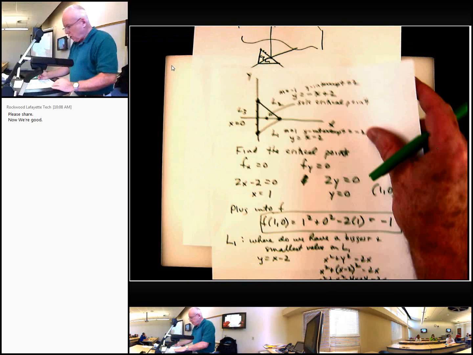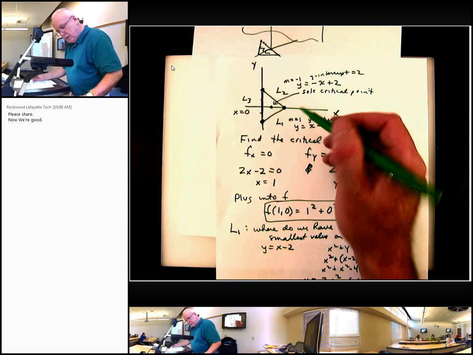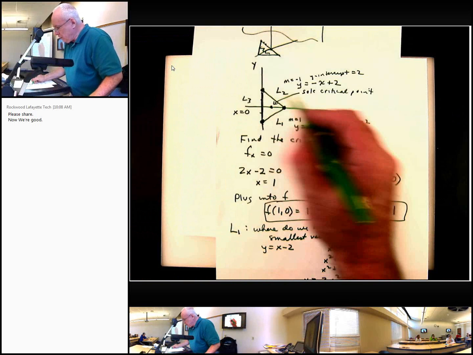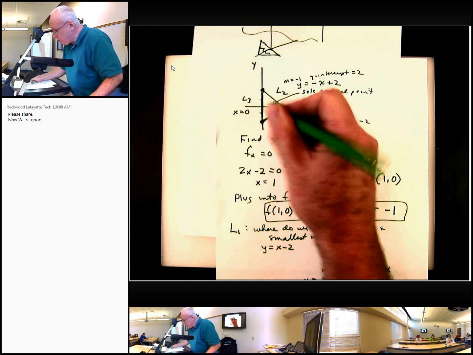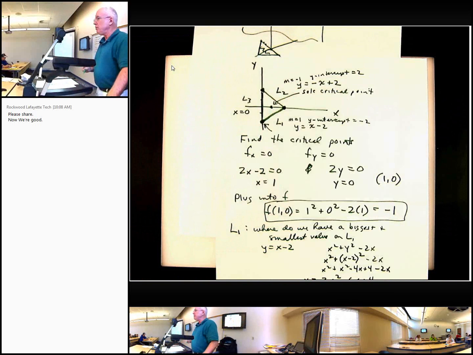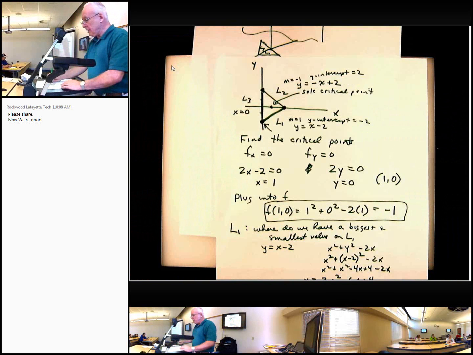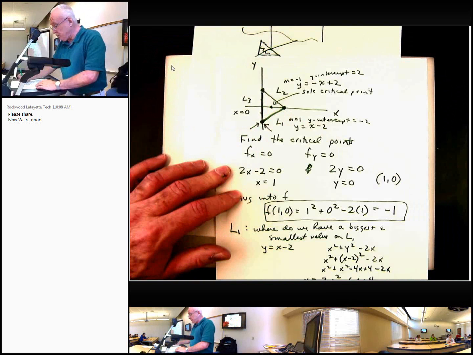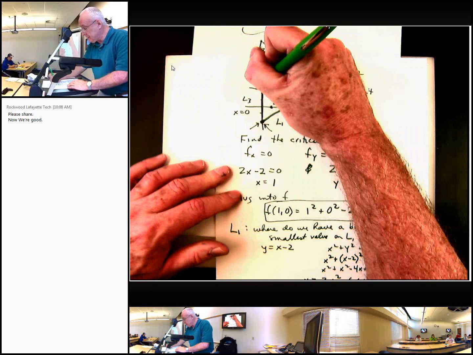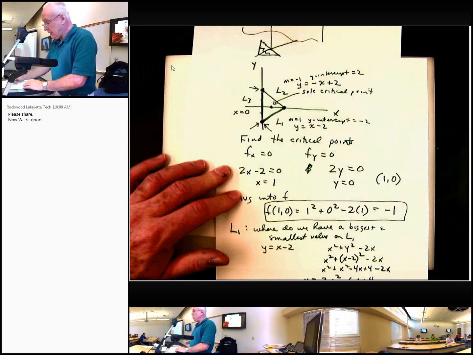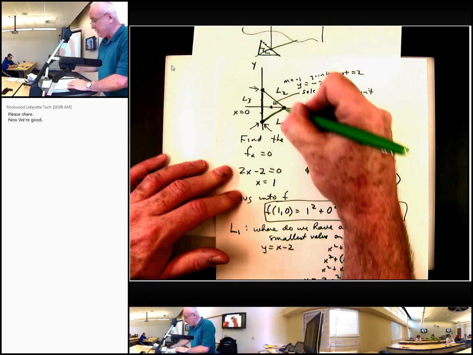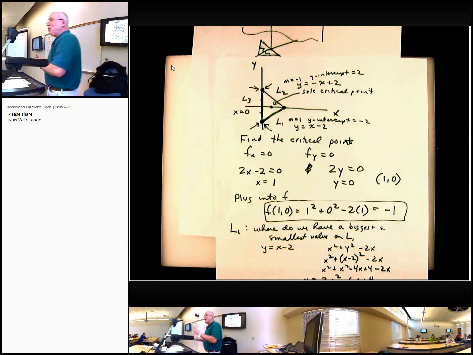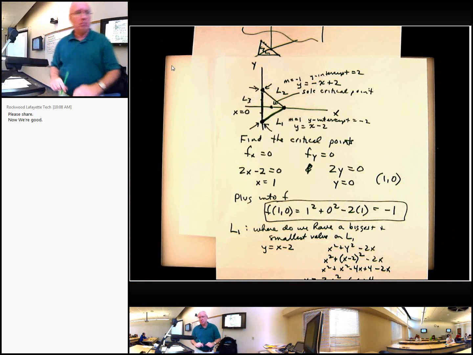When we looked at L1, it was this point right here that gave us a value of 4. But when we look at L3, of course, this again gave us a value of 4, and this one had already counted for L2, so you're looking at the same points twice in a way, all right? Yeah. All right.